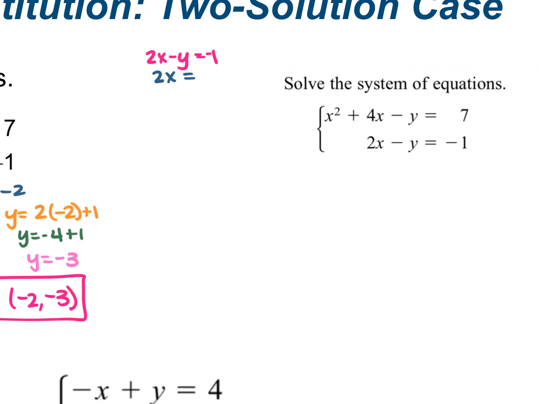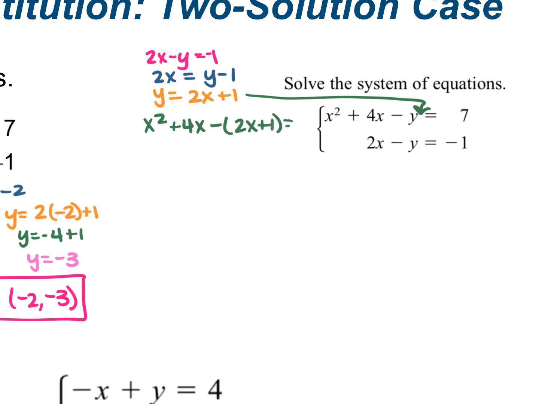That gives us 2x is equal to y minus 1. Then we move the 1 over, so that's y is equal to 2x plus 1. We're going to plug that 2x plus 1 in for y in that top equation. So that's going to give us x squared plus 4x minus the quantity 2x plus 1 is equal to 7.